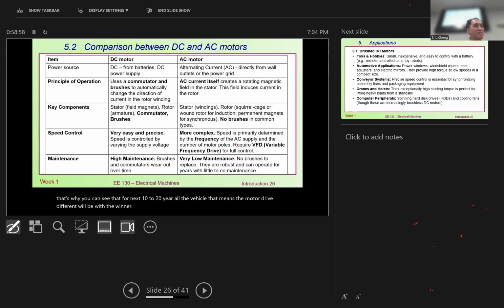Another major comparison is how to compare DC and AC motors. The basic definition is that for a DC motor, you use DC to control the motor, and for an AC motor, we use AC to control the AC motor. Between them, the conventional DC motor has the carbon brush and commutator.